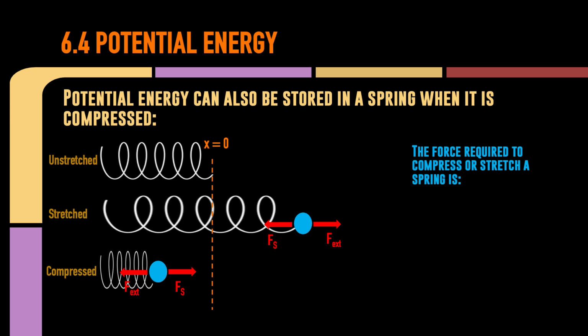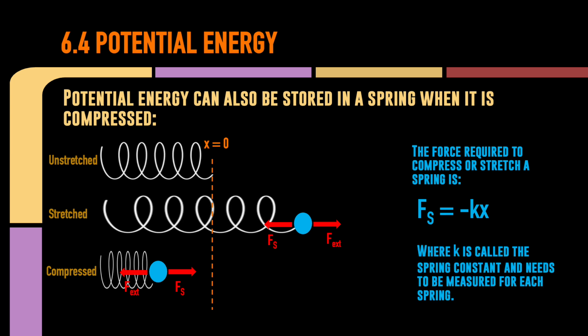The formula for this is pretty straightforward. The force required to compress or stretch a spring is defined as Fs, or F spring, sometimes you'll see F elastic, equals negative kx, where k is a spring constant, and it needs to be measured for each spring. And x is the displacement from the original unstretched position.